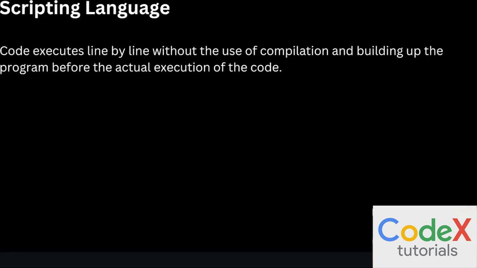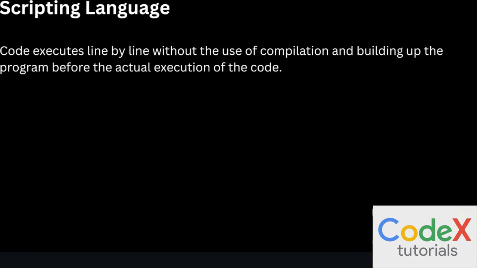And the next thing that is available in JavaScript is essentially that JavaScript is actually a scripting language. Now, there are two types of programming language which you will encounter. One is called a scripting language, and the other one is basically called a compiled language. So, a compiled language is that sort of a programming language in which your code, whatever code you have written, gets compiled or built into a format which the computer can understand.